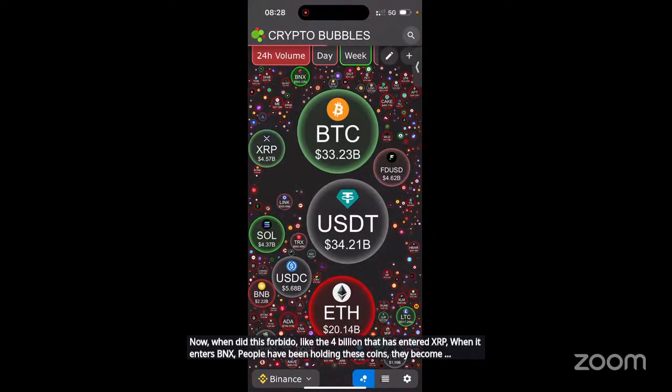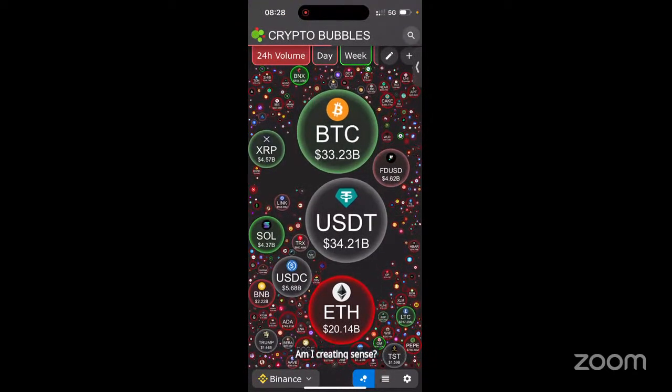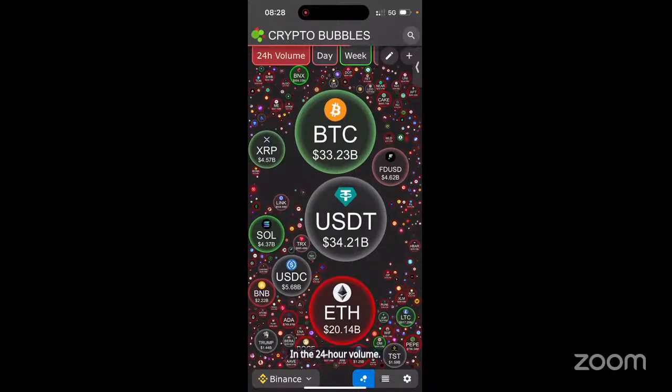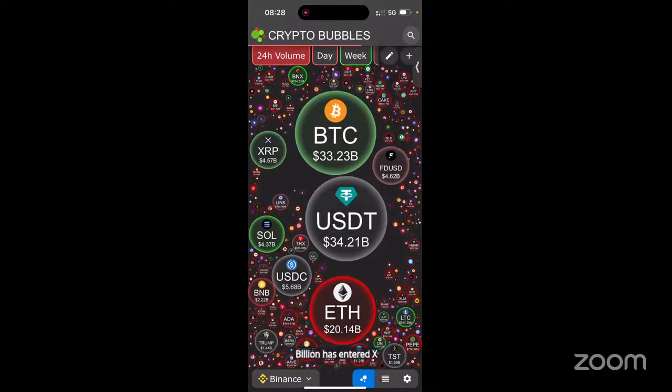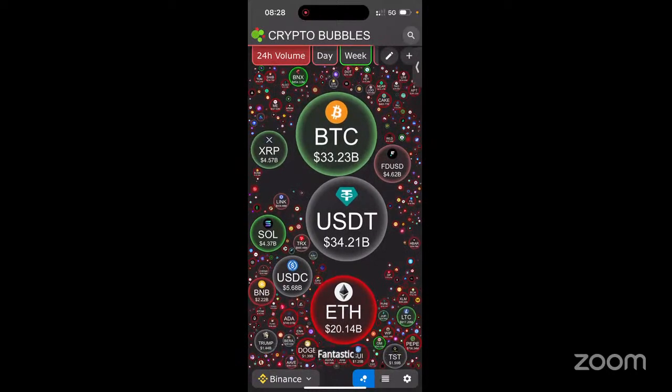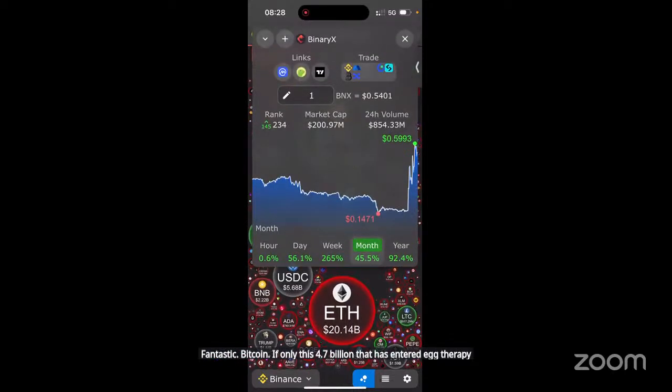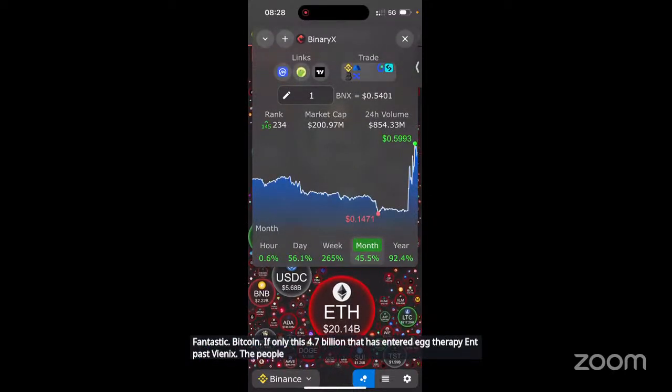In the 24-hour volume, 4.57 billion has entered XRP, and 333.23 billion has entered Bitcoin. If only the 4.7 billion that has entered XRP entered BNX, the people holding these coins would change their lives.